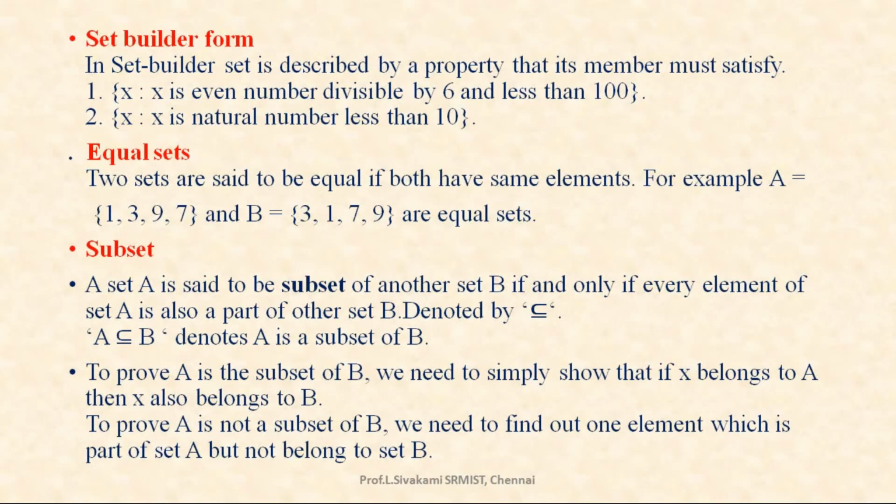So we have to understand the concept before we expand the set. The second example is X is a natural number less than 10. That is 1, 2, 3 up to 9, because the condition given is 10, and this one is the set builder form. So there is a difference between the three different formats of the given sets.